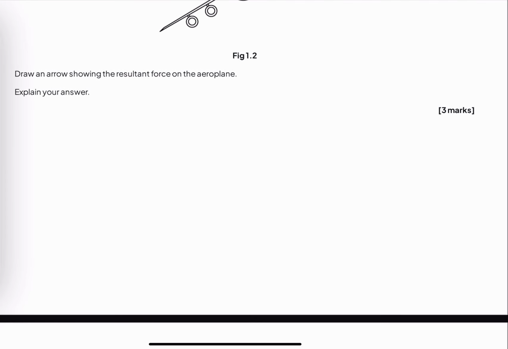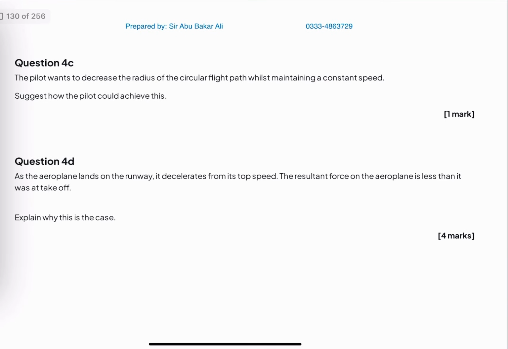In question 4c, the pilot wants to decrease the radius of the circular path while maintaining a constant speed. Suggest how the pilot could achieve this. What we have to do is decrease the radius by keeping the speed constant.